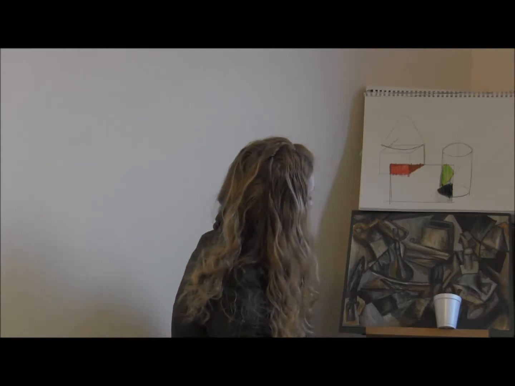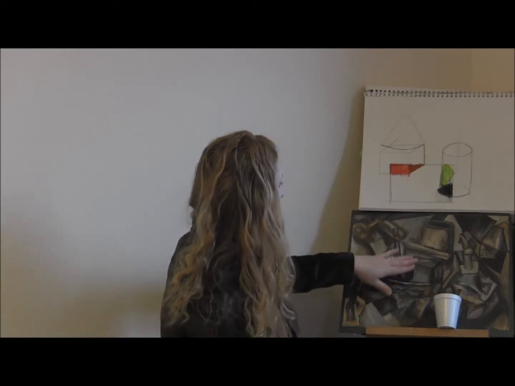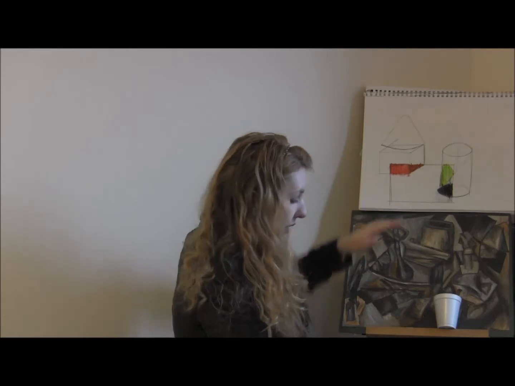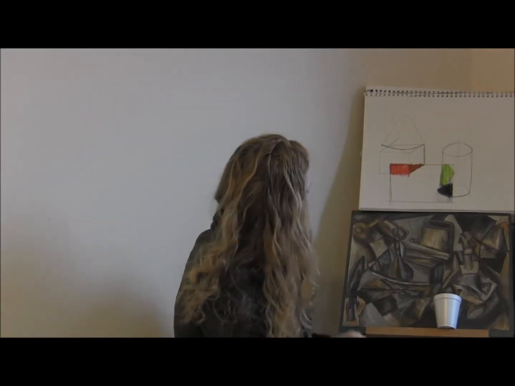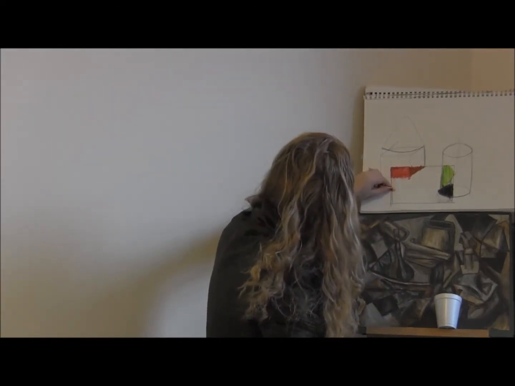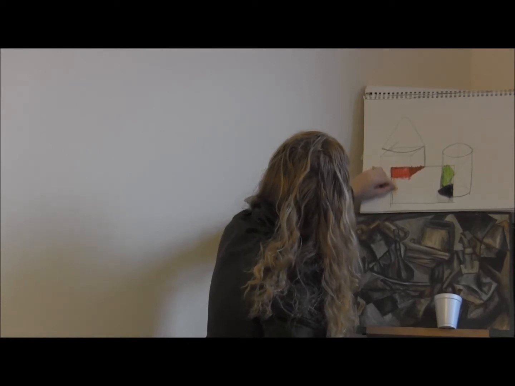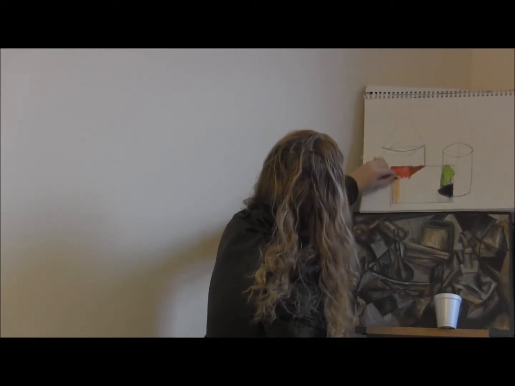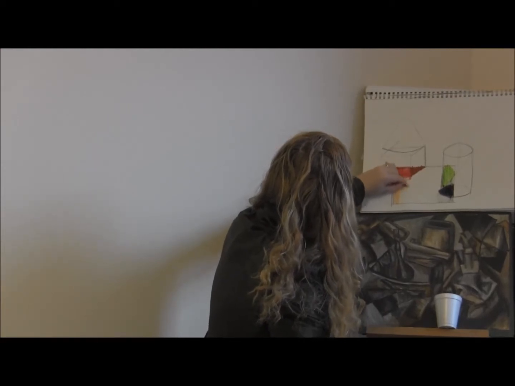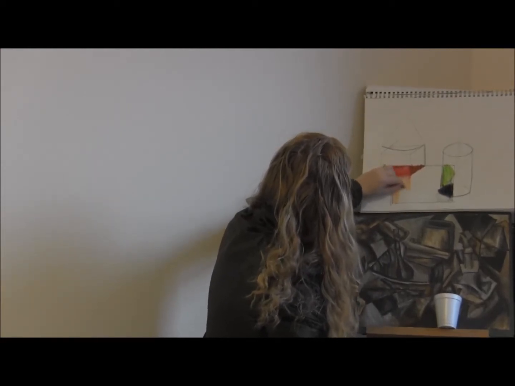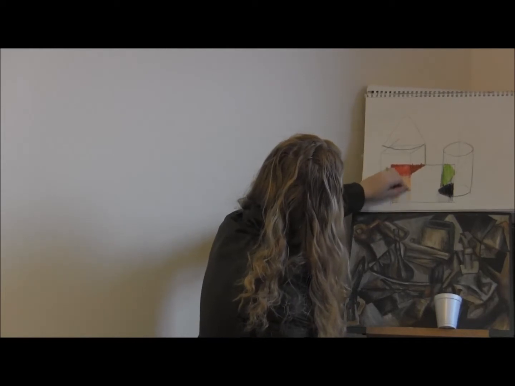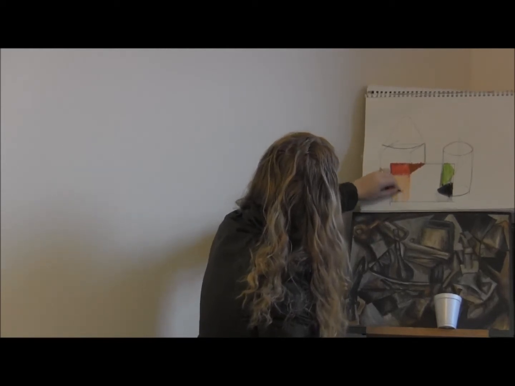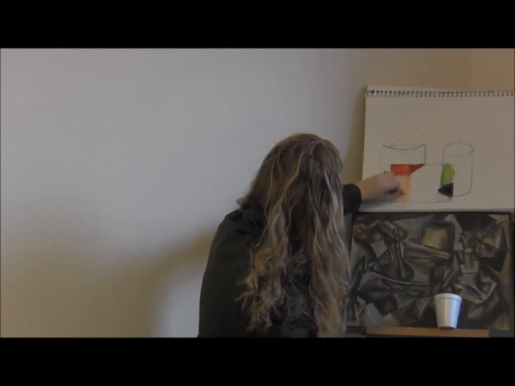You can create a muted palette like this, or a vibrant palette with a range of colors, such as I've used here. You can blend the colors into one another so that you have some light and darks.